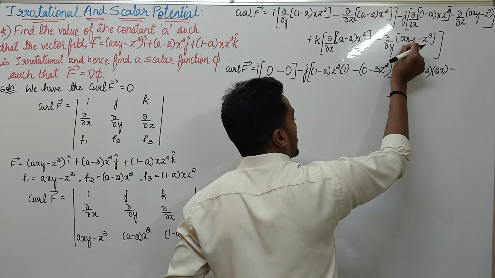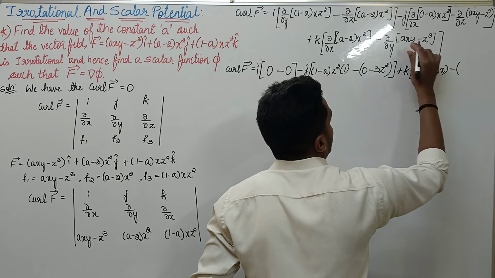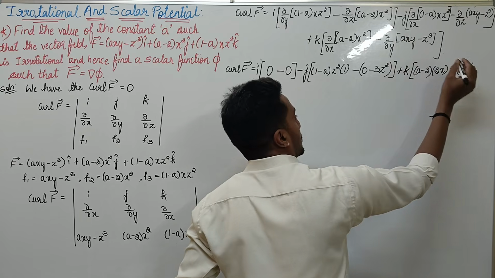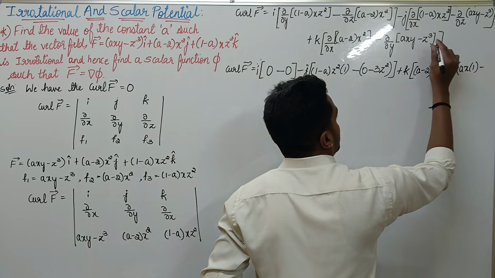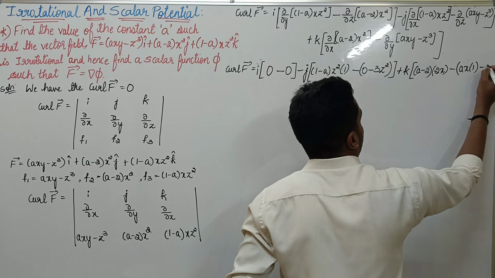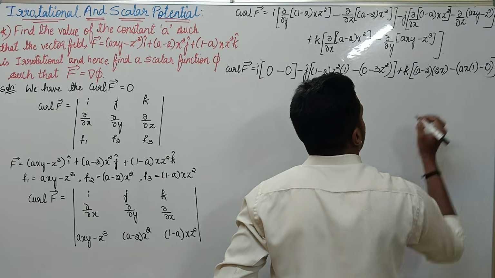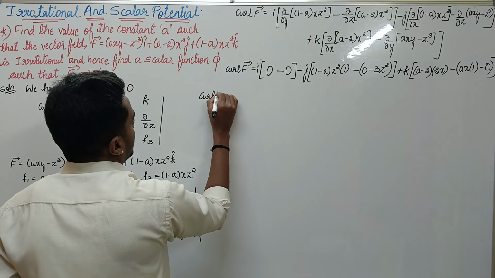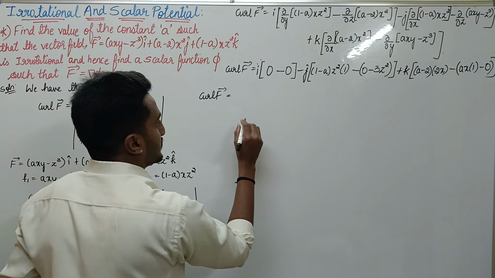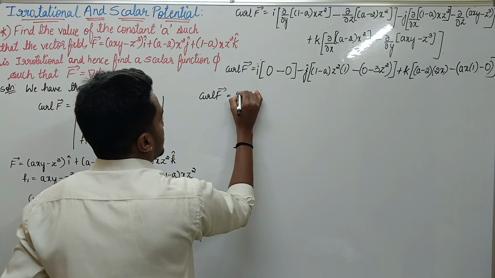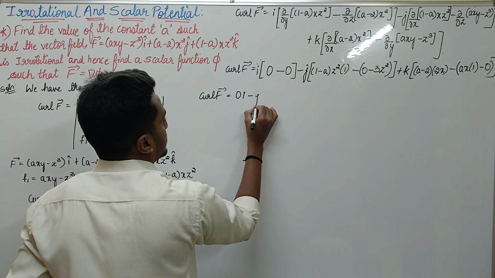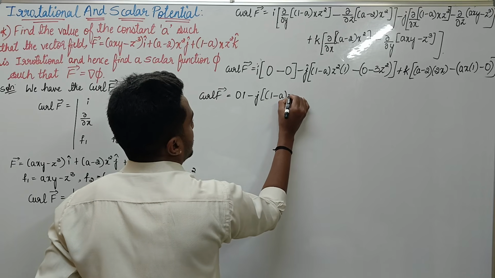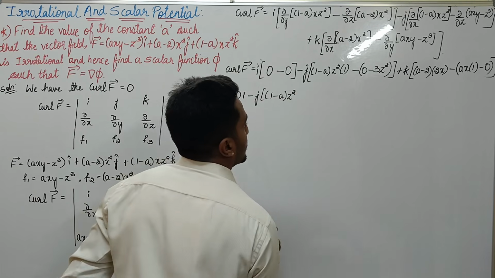First let us go term by term: ax remains constant. Differentiation of y with respect to y is 1, minus differentiation of z cube with respect to y is 0. This is k. Now curl vector f is equal to 0i minus j into 1 minus a z square.